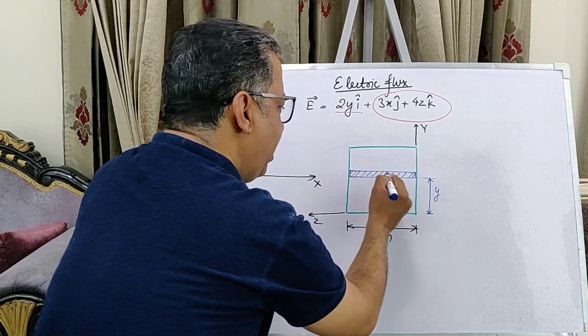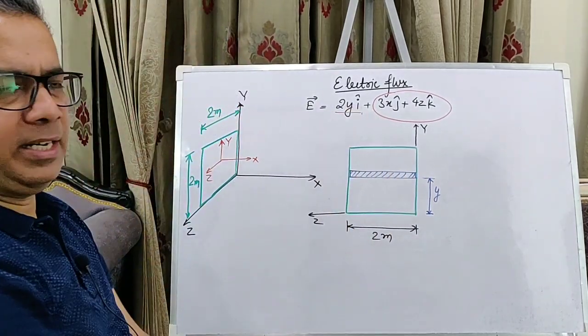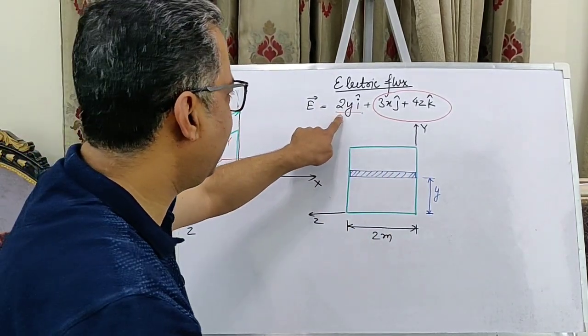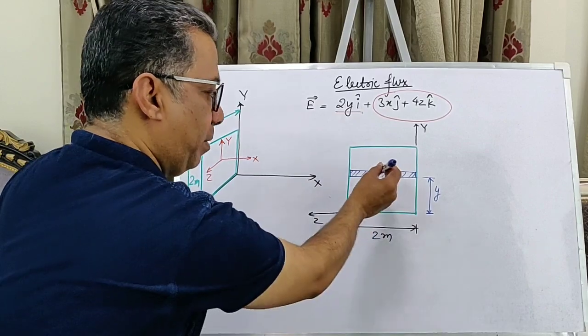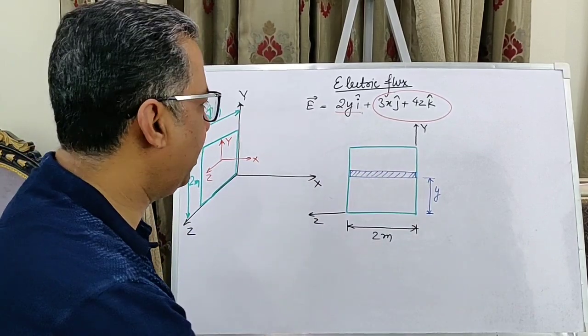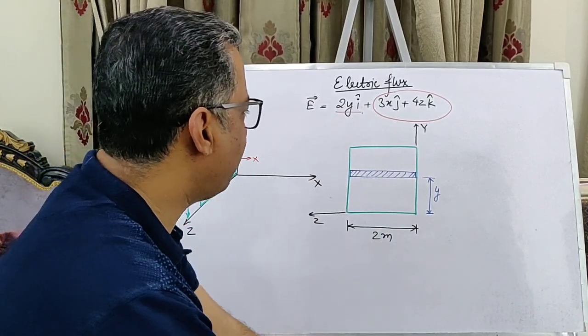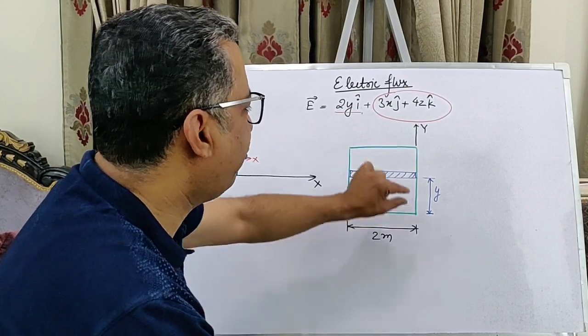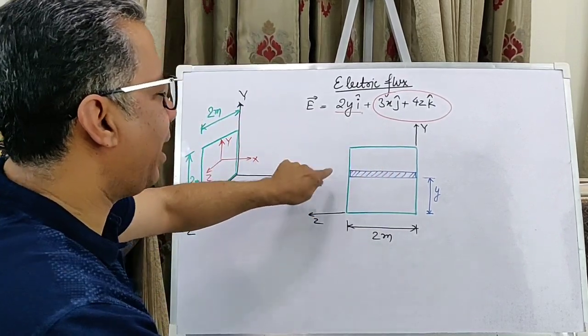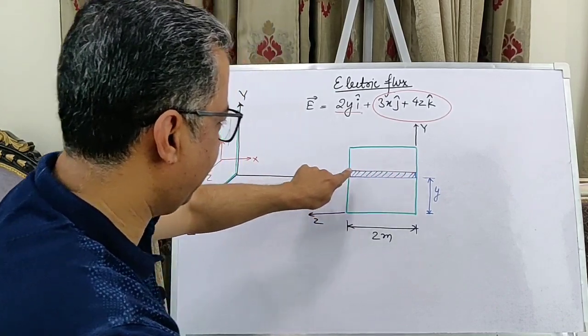So since y is constant here, the electric field component in the x direction, that is perpendicular to the plane, that x component of the field is constant. Therefore we would have an easy time calculating the flux through this area element.